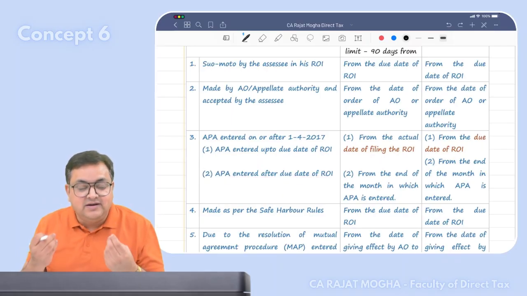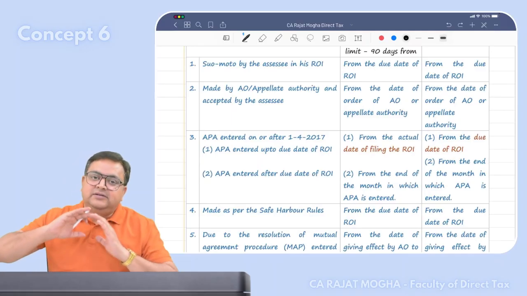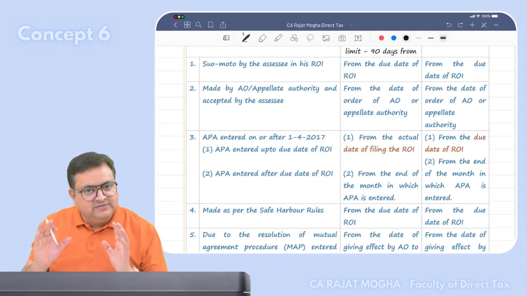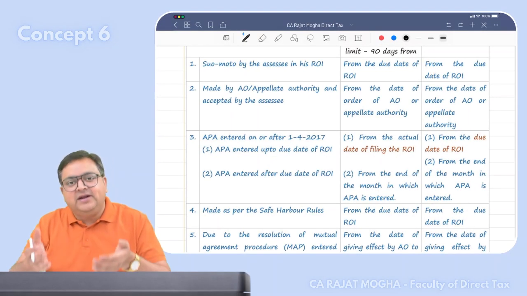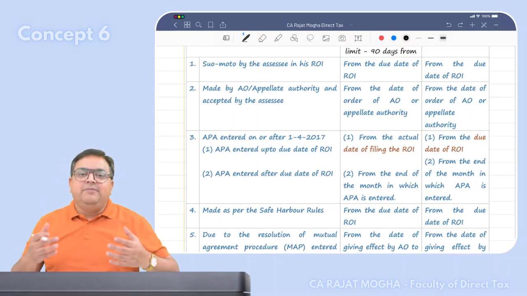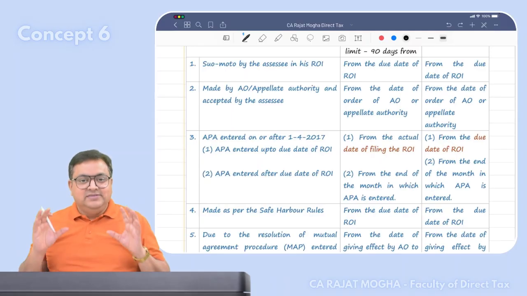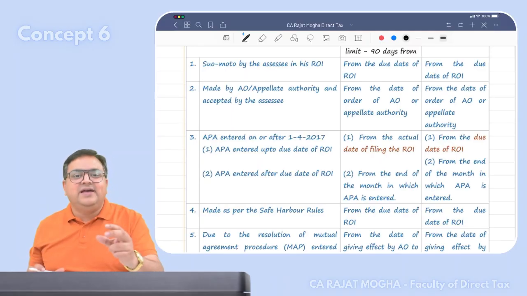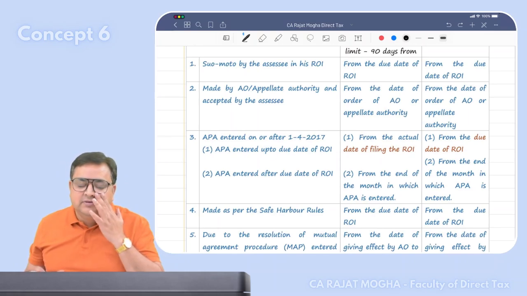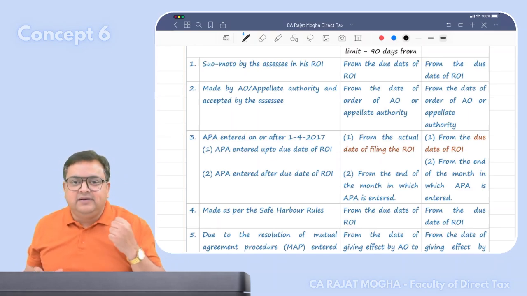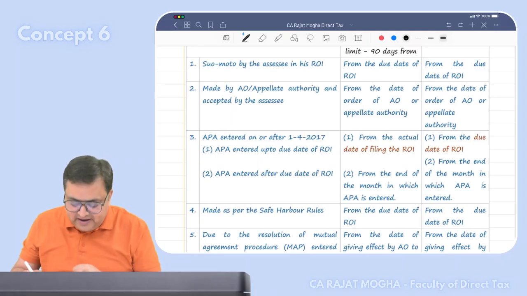Understand the concept: the due date of ROI has gone, which means the assessee must have filed the ROI, and after that the APA is coming. When the APA is signed, only then can he understand the ALP. So from that date only he can tell his associate enterprises to please bring that excess 2 crore rupees back to India.